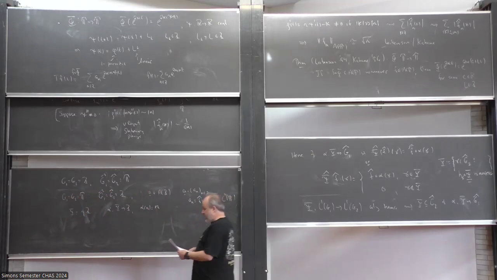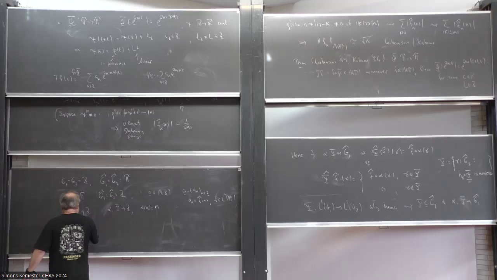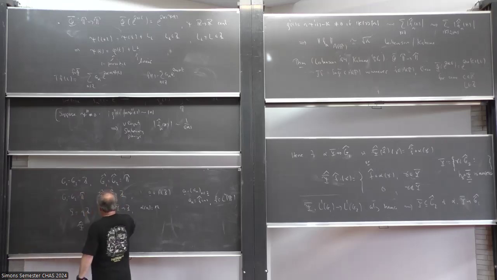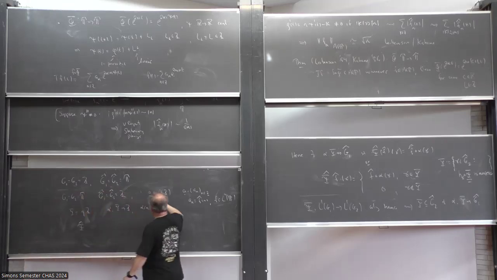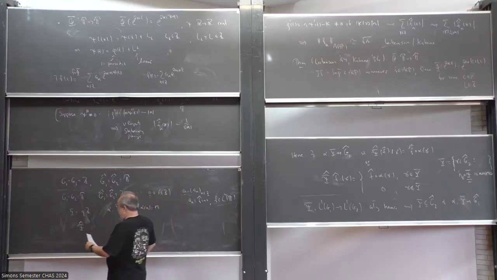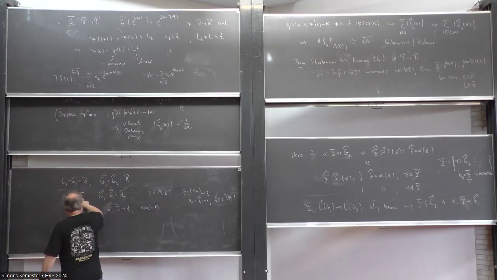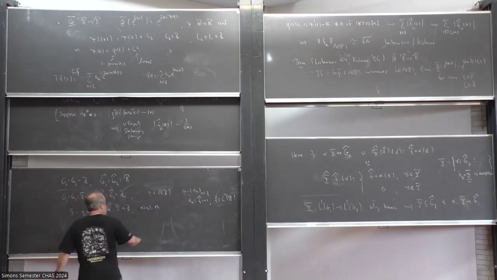So here's going to be my algebra homomorphism between A of Z to A of Z. I'm going to take my function f in L1 of the circle and look at its Fourier transform. These are the Fourier coefficients.